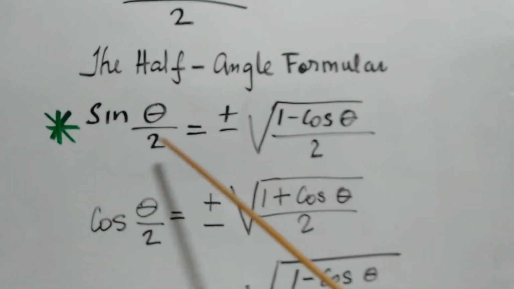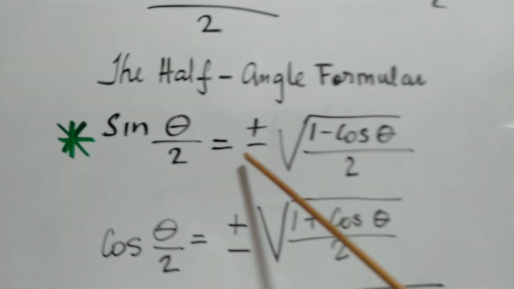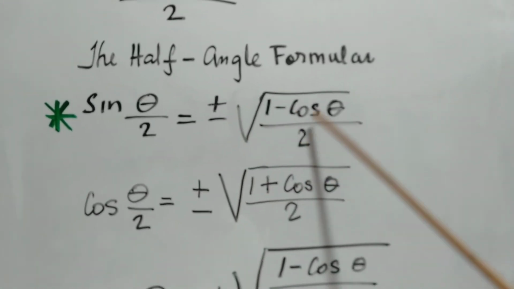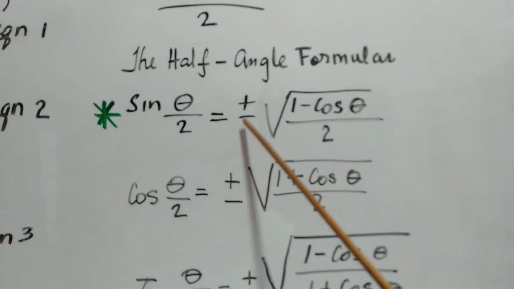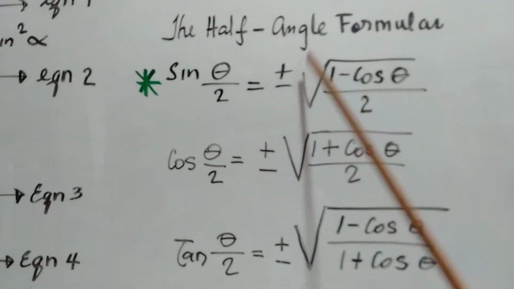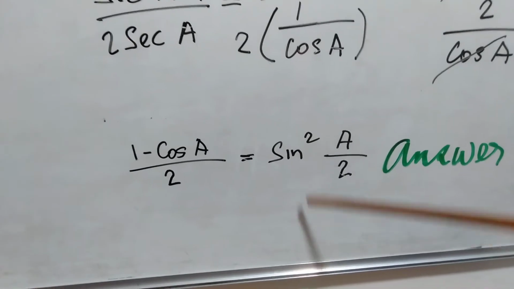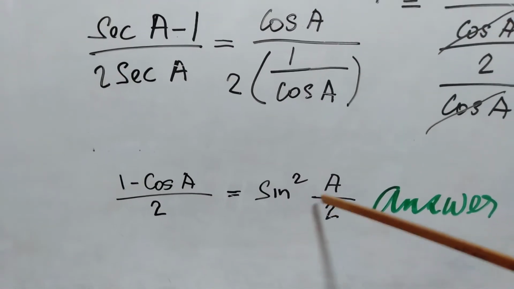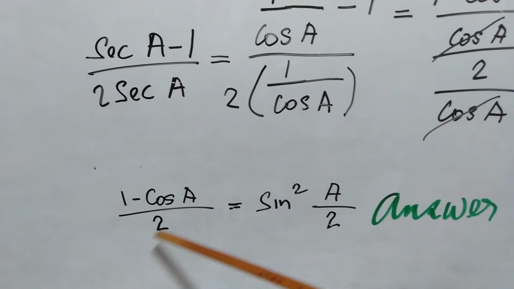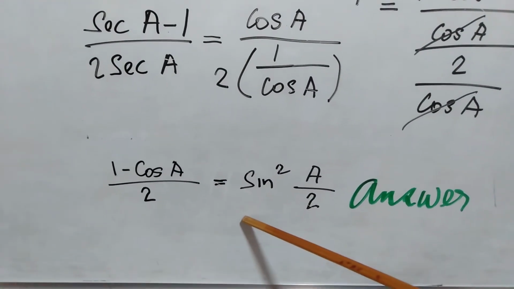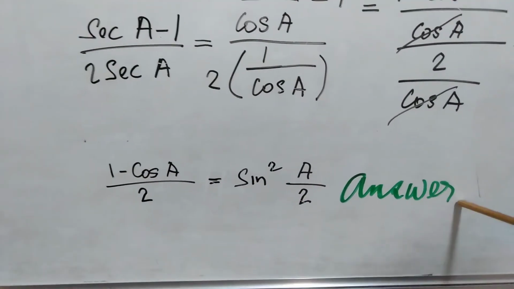If we compare our sine theta over 2, the half-angle, which is equal to plus or minus the square root of 1 minus cosine theta over 2, and square both sides of the equation, we will get this one also. So 1 minus cosine a over 2 is equal to sine squared a over 2. We have successfully proven that 1 minus cosine a over 2 is equal to the given sine squared a over 2. So that's it. This will be our answer.